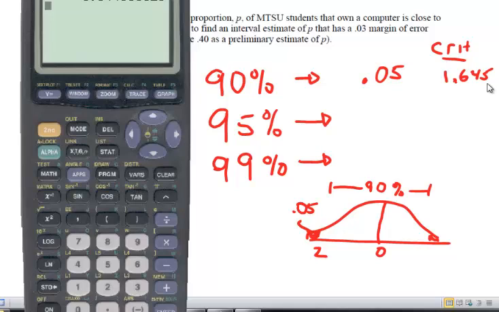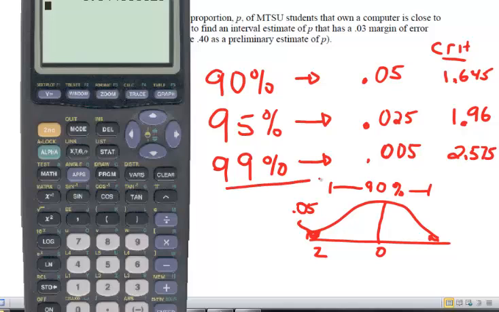You can do the same thing for 95% and 99%. So for 95%, the alpha over 2, the percent left in each tail, is 0.025, right? 0.05 divided by 2. Its critical value is about 1.96, close to 2. And then for 99%, it's 0.005, and that's pretty close to 2.575. You can put this on your note card if you want.